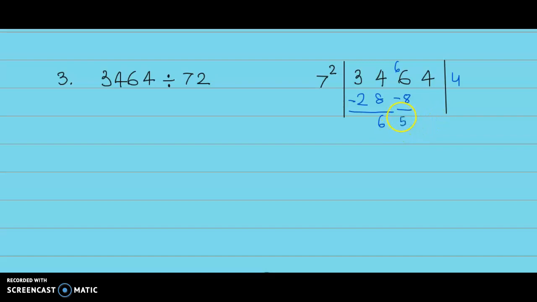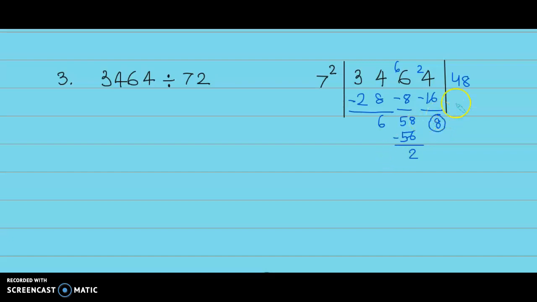So what do you get? You get here 58, and again 58 is greater than 7, so 7 7s are 49, 7 8s are 56. 7 goes into 58 8 times, we get 56, and again you need to subtract 56 from 58, so you get 2, and this 2 is to be replaced to this place, and you are here having 24. 8 times 2 is 16, that will be subtracted from 24, so write 16 over here, and after subtracting you get 8.